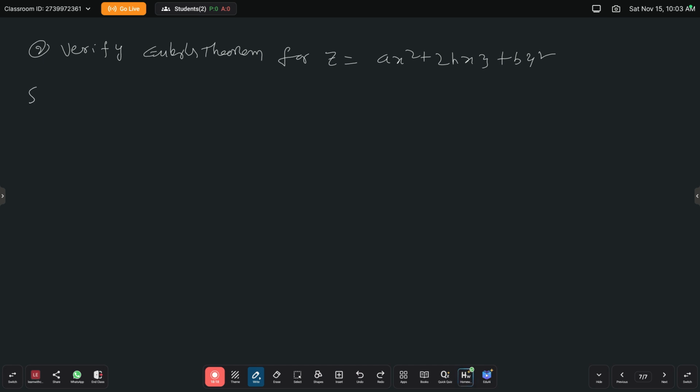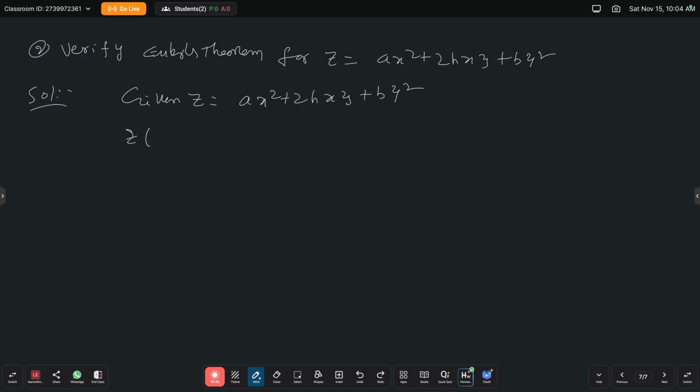So verify is nothing but we have to prove that Euler's theorem LHS equals RHS. Now the given function is z equals ax square plus 2hxy plus by square.